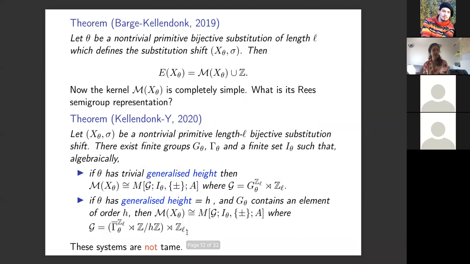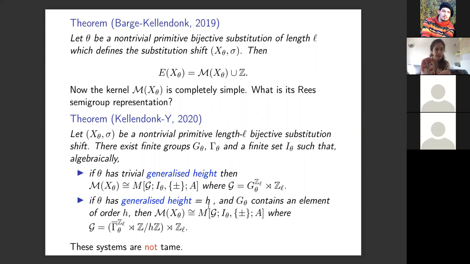So it should be clear that these systems are not tame because G has cardinality 2 to the aleph naught, and then you're taking the matrix semigroup on G. Okay, but nevertheless, even if they're grotesquely huge, they have a very simple description algebraically, not topologically, but algebraically.